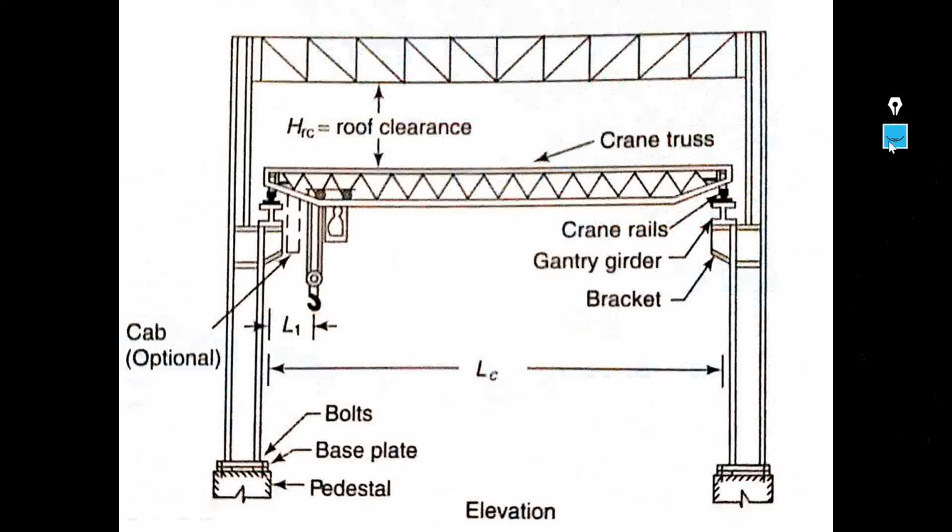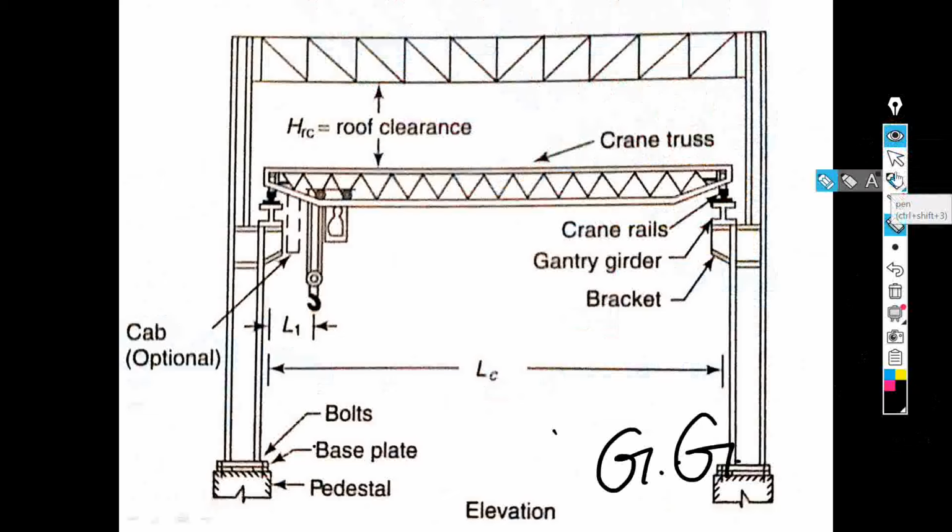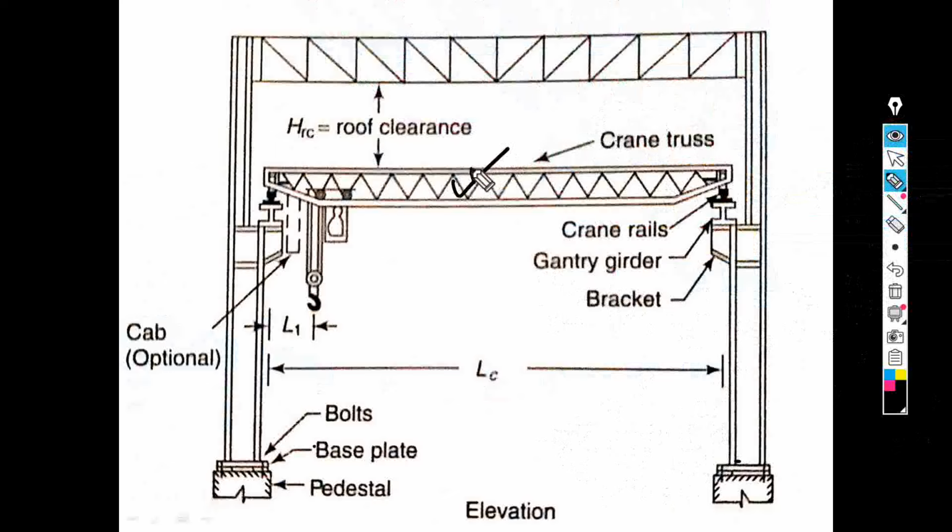See, this one is the whole assembly of which the gantry girder is a part. So let us now look into each and every part one by one. This one is the crane. This one is the trolley. This one is the hook.